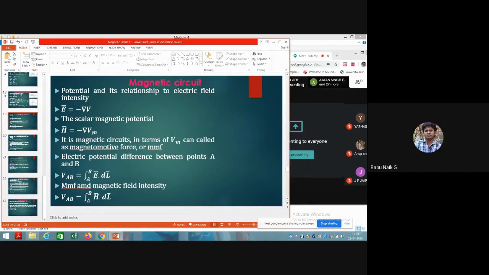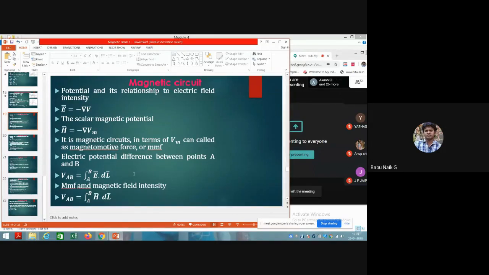With this you can calculate the magnetic circuit in terms of potential. We call it the magnetic motive force, or MMF.